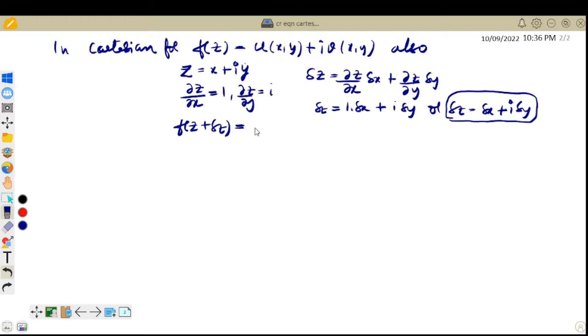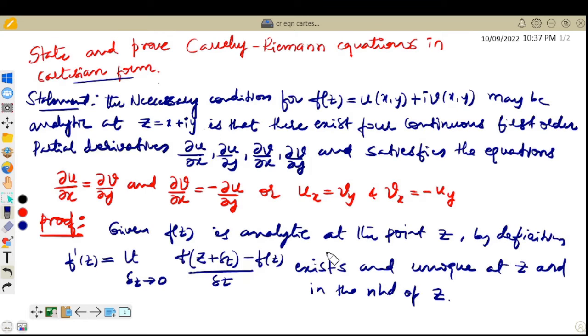Correspondingly, you need to give the increment to x as well as y. x becomes x + Δx and y becomes y + Δy, plus i times v(x + Δx, y + Δy). Fine. Now the given equation, we call it equation number 1.